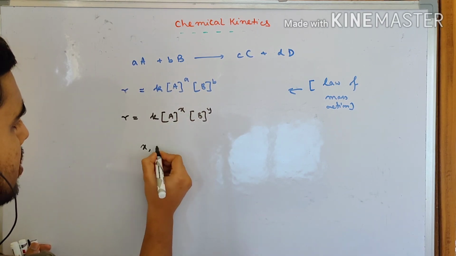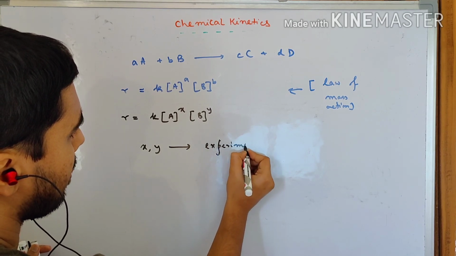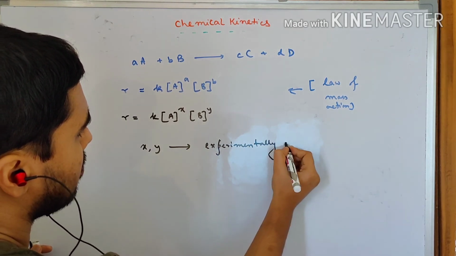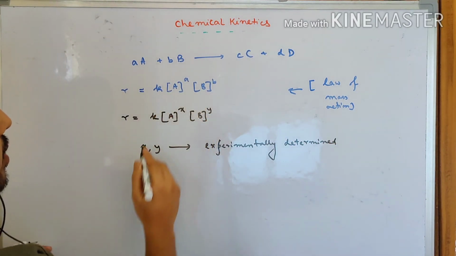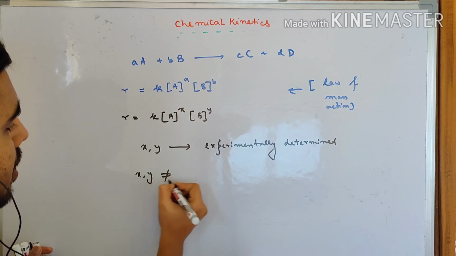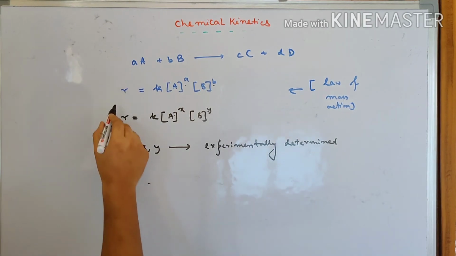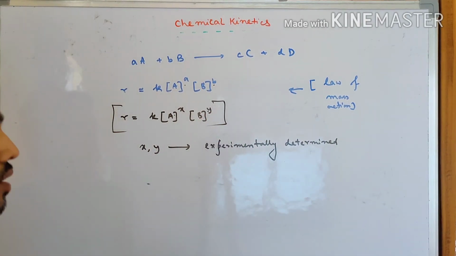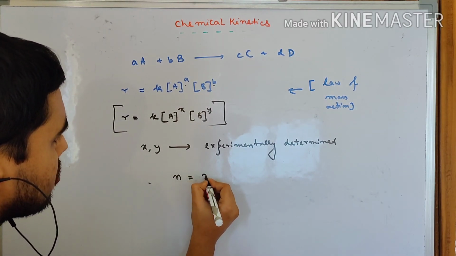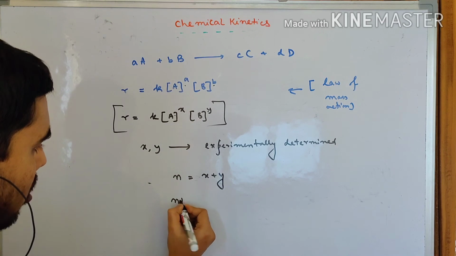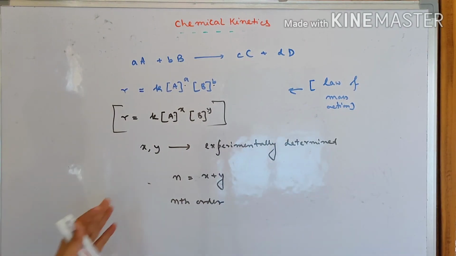Now this x and y, as I was discussing, are experimentally determined, and x and y may not be a and b. So these two and these two may not be same. So this is the actual rate law expression. And what is the order of the reaction? If it is n, it should be x plus y. In this case it is called nth order. When we see problems, then it will be much more clear.